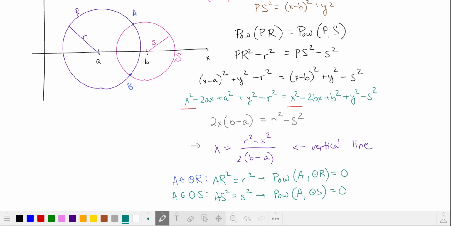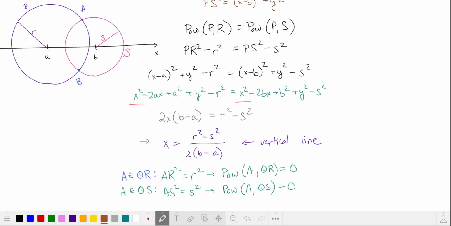These are the same powers, so point A is also on this vertical line. A similar argument can be made for point B, which is also on both circles R and S. So line AB is the radical axis. AB is also perpendicular to the segment connecting the centers of the two circles.